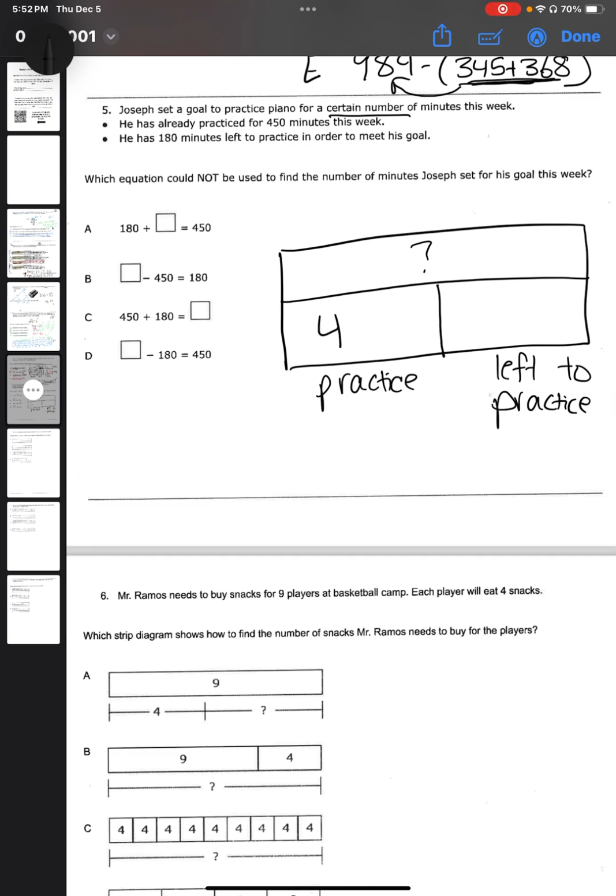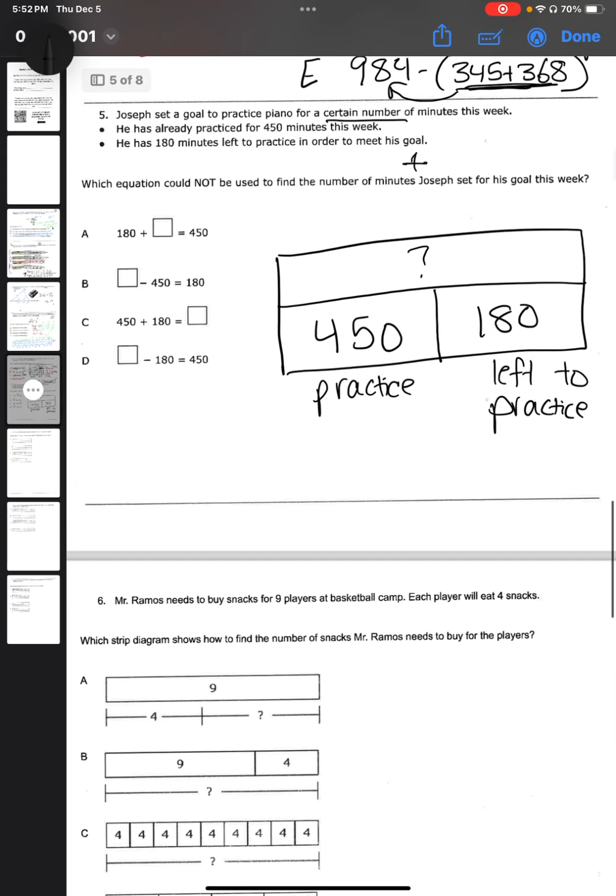He's already practiced 450 minutes. He has 180 minutes left to practice in order to meet his goal. Which equation could not be used to find the number of minutes Joseph set for his goal? So which equation cannot be used to find the total?